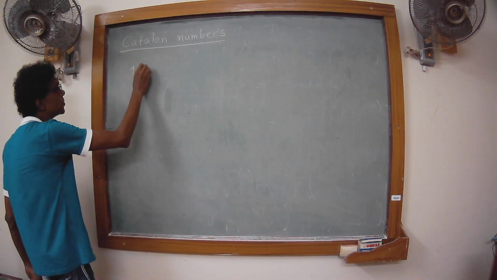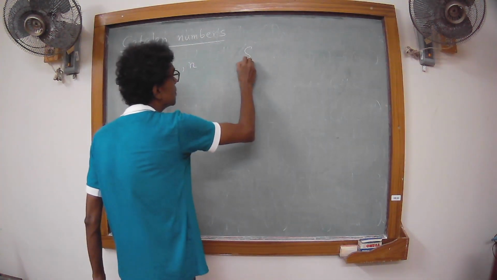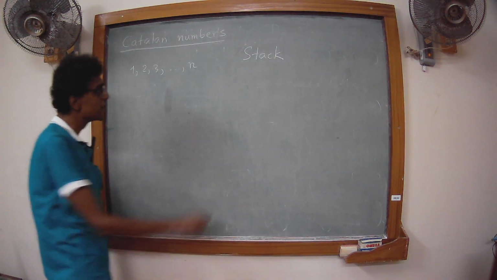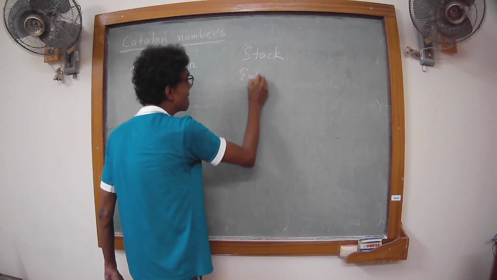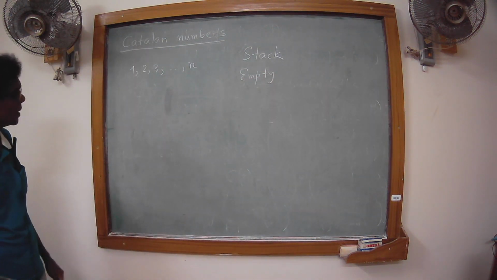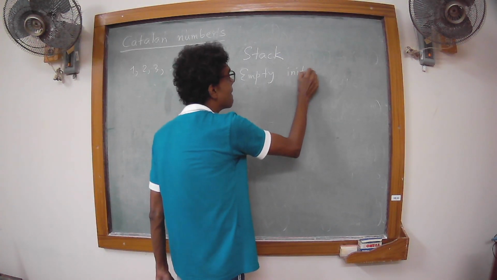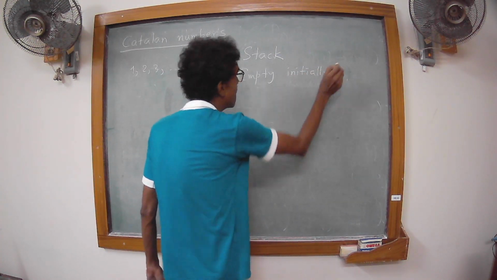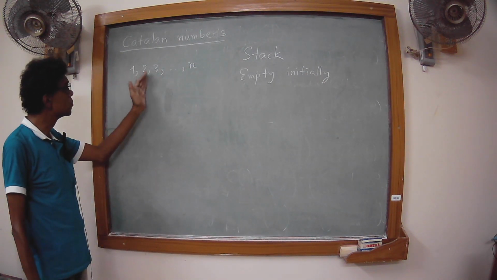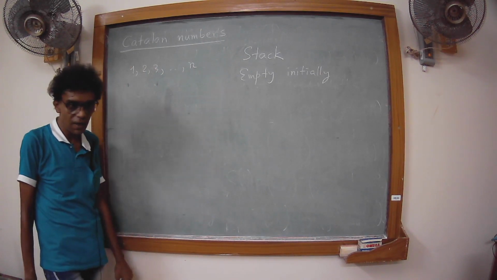Okay. Suppose you have a stack, initially empty. Then what will you do? You will push 1, push 2, push 3, push 4 and so on, push n in that sequence.